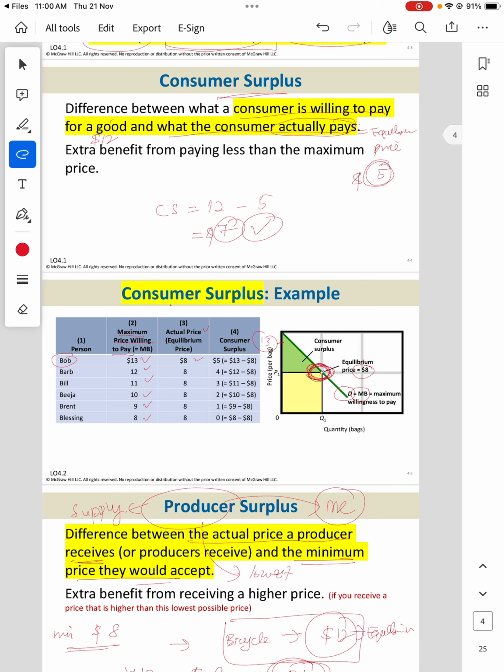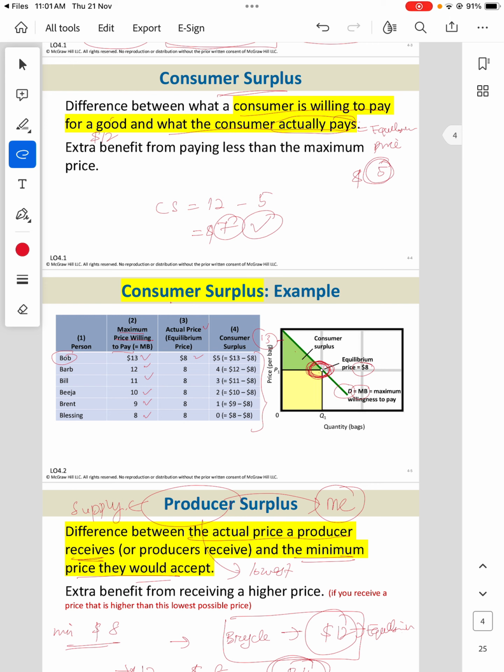The market price is only 8, but I am willing to pay 13. So consumer surplus is $5. The rest is the same. So here, above this equilibrium price, this green shade is called consumer surplus.